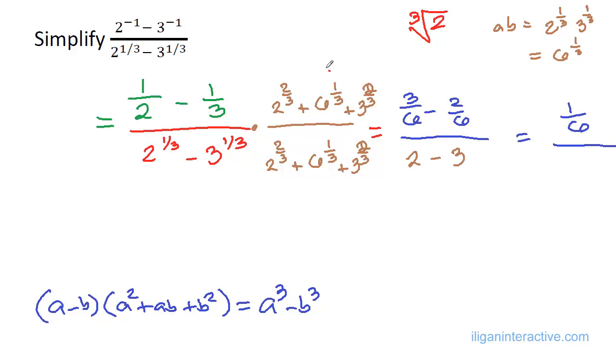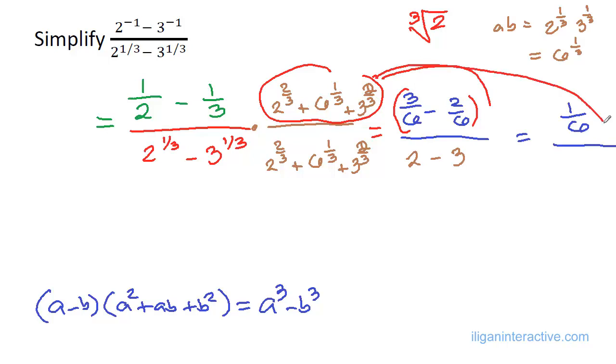It will just be copied on top, and on the final form it will be here, and this will be -1 here. So what will be the final form? This will be it. 2 to the 2/3 plus 6 to the 1/3 plus 3 to the 2/3 all over -6.